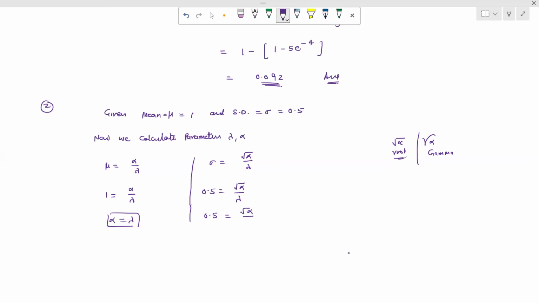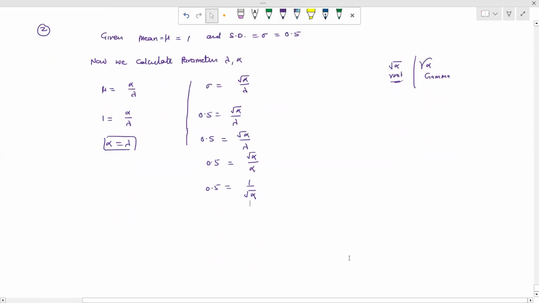We write down that 0.5 is equal to root alpha upon lambda; putting lambda equal to alpha, we obtain 0.5 equal to 1 upon root alpha. So what is the value of root alpha? The value of root alpha is 1 upon 0.5.